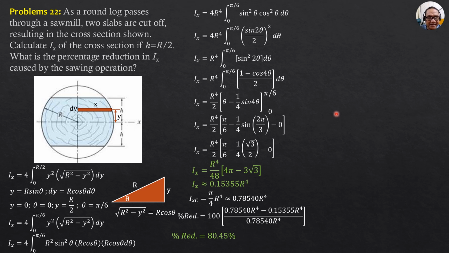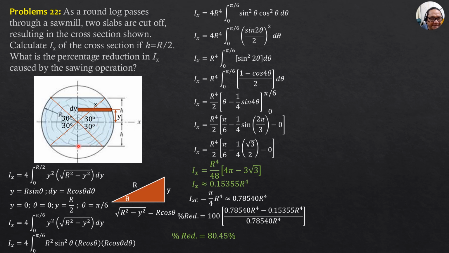For the second solution in computing this moment of inertia, I use the fact that it consists of two identical sectors and two identical triangles. Since the angle can be computed as 30 degrees each, so 60 degrees all in all, this is radius big R and this is 30 degrees.